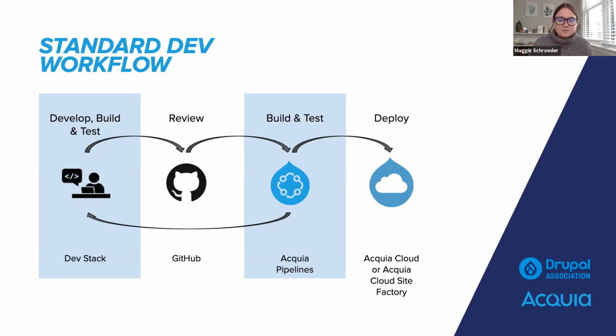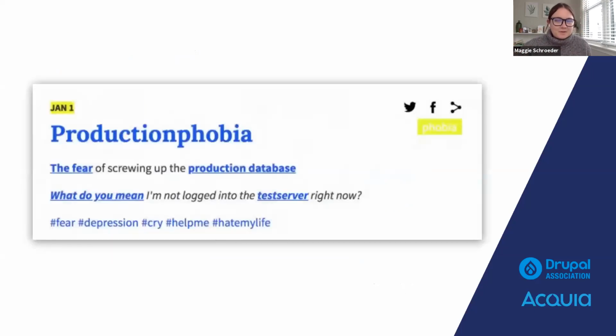And while some steps, like fixing bugs, might not be required for each code change, testing and review should always be done. You want to implement that testing, that review process, and if we go to the next slide, you'll see, not so much fun as me and my toes, production phobia. We're avoiding that at the end of the day.